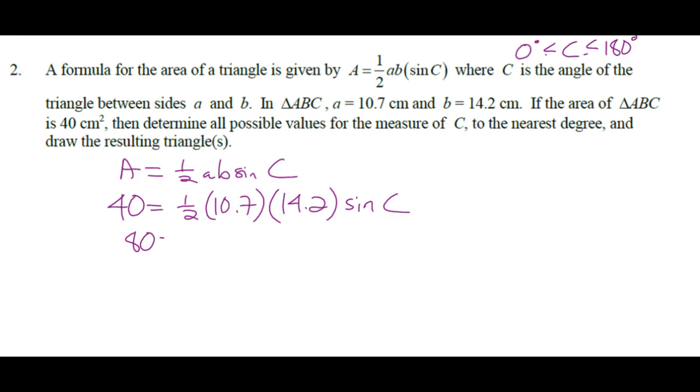So this will be 80 is equal to, okay, I don't think we need to go into horrendous amounts of detail here. So sine C is going to be equal to, okay, what do we got?